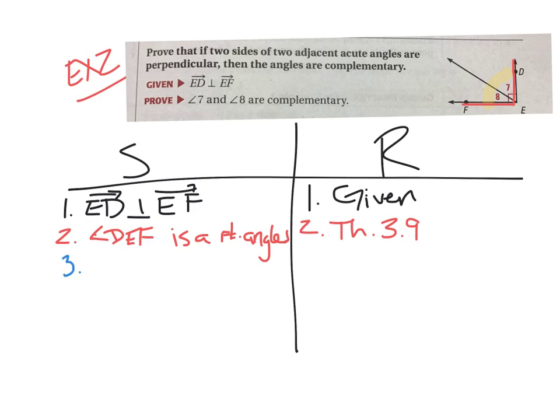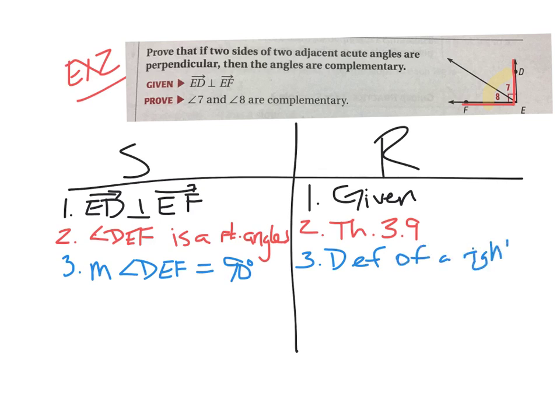Okay, so then we can say that the measure of angle DEF is what? 90. And the reason on that one is that's the definition of a right angle. All right, so now let's look at the 2 angles that we have here.